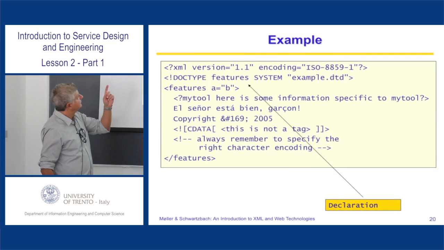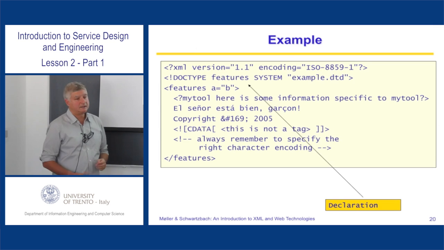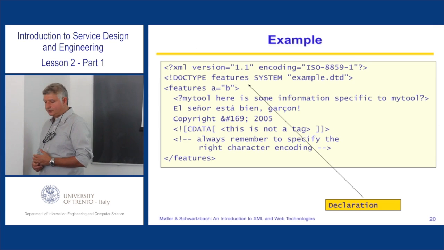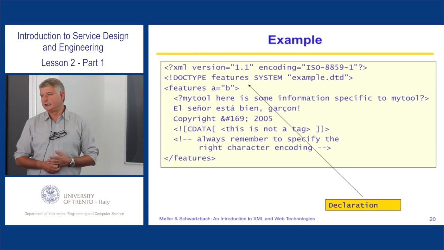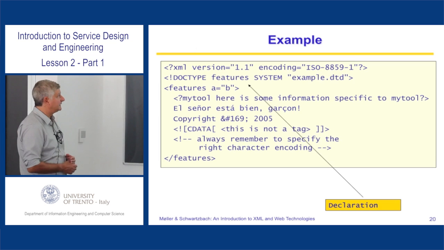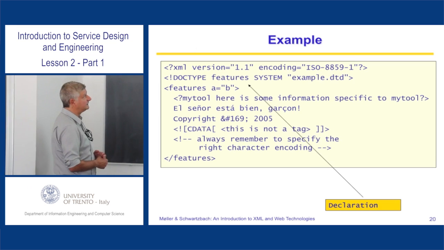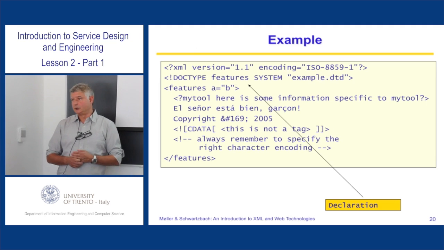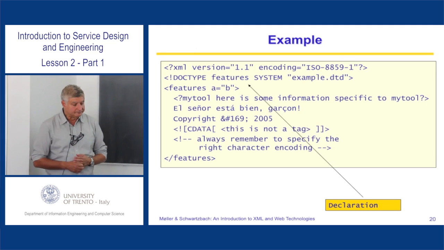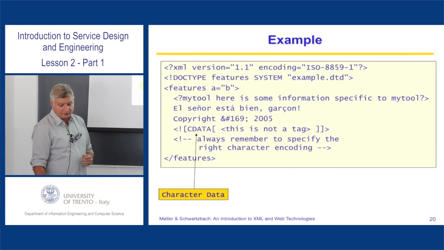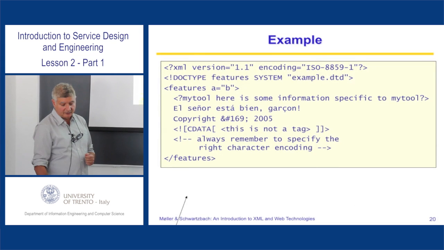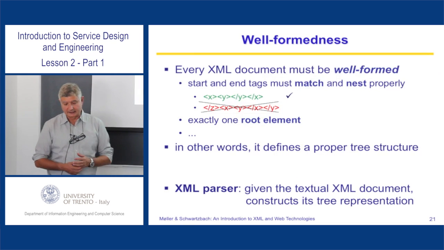A declaration, which is on top, not that one. Similarly to programming languages, you can declare something like libraries, for instance, or other pointers to other documents. In this case, it is a DTD, and it's something important for validation, and we'll see it later. And then you have character data, comments, and everything like that.